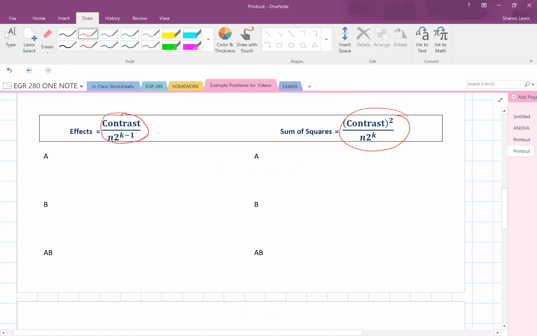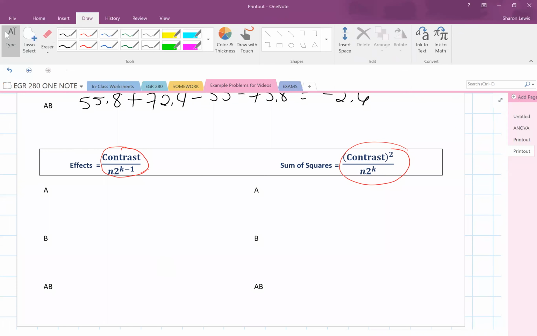Please keep in mind that the numerators are different, and then we square the contrast for the sum of squares. Now for n: this n right here is the number of reps that we ran, so n is equal to 3, and k is the number of factors, so that's 2. So for our contrast, we have 3 times 2 to the 2 minus 1, so that's going to be 6.